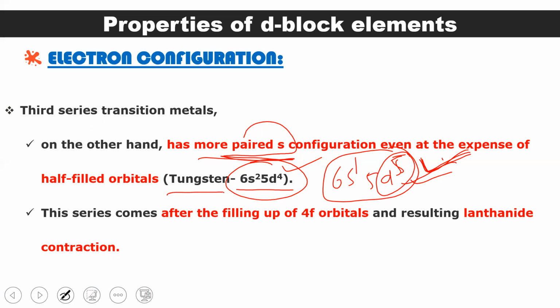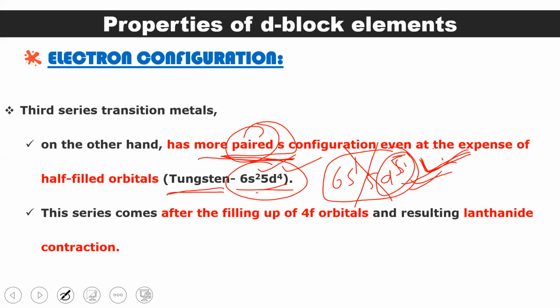So tungsten will show only this configuration, but not this one. This is because the pairing energy overcomes the half-filled orbitals. That is why tungsten shows the 6s2 5d4 electron configuration instead of 6s1 5d5.